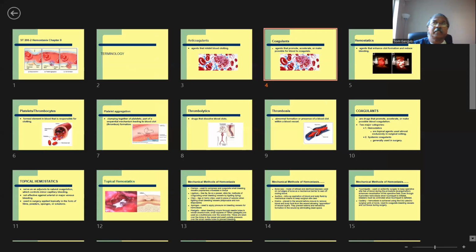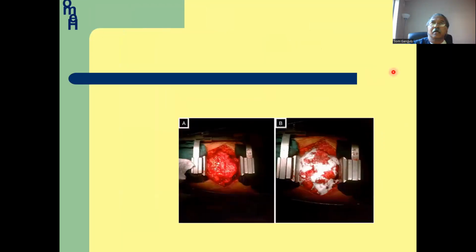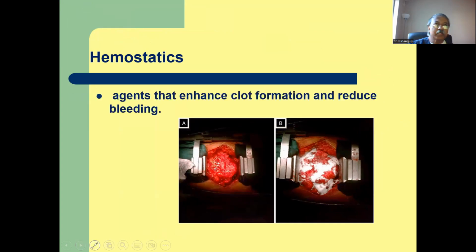So coagulant and anticoagulant, the two of them that we see, are working in two opposite directions.